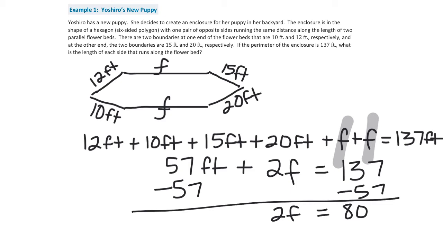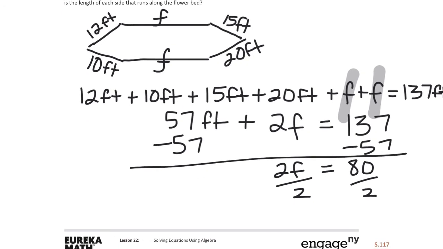So now I'm going to divide both sides by 2. And when I do that, F equals 40. So the length of each of the parallel sides that run along the flower bed is 40 feet each.